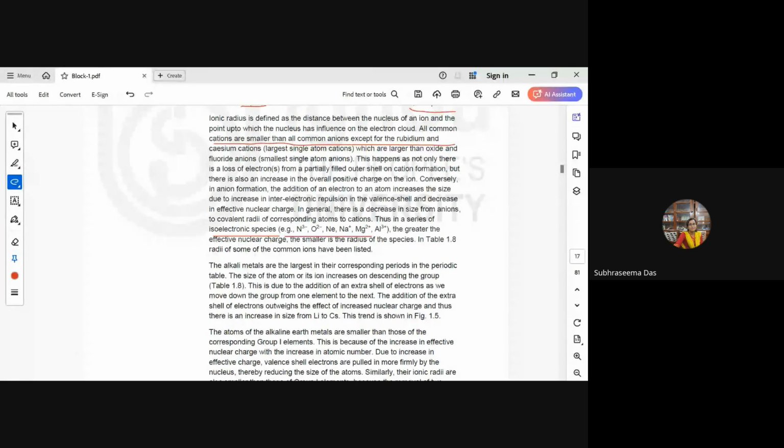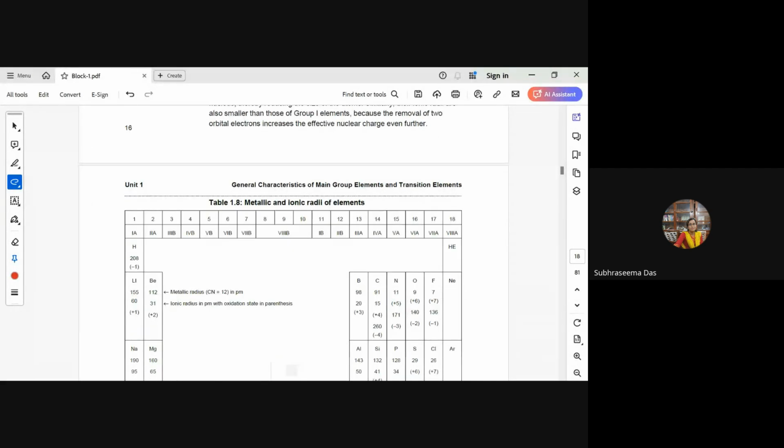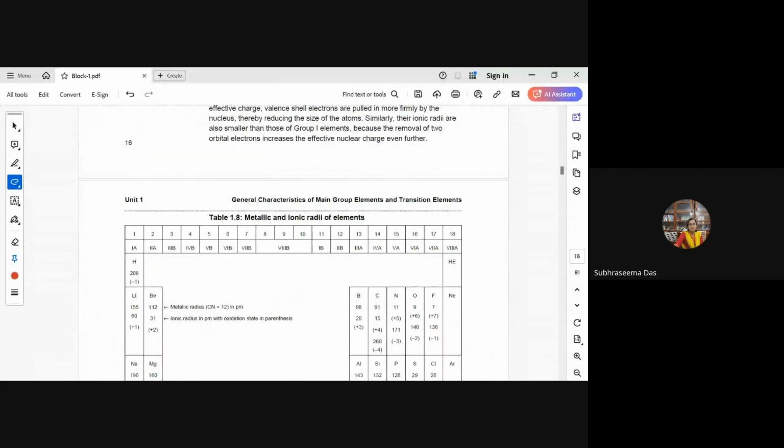So particularly for isoelectronic species, the more the effective nuclear charge, the smaller the size of the species.